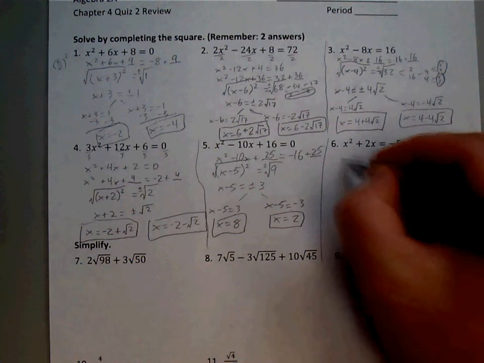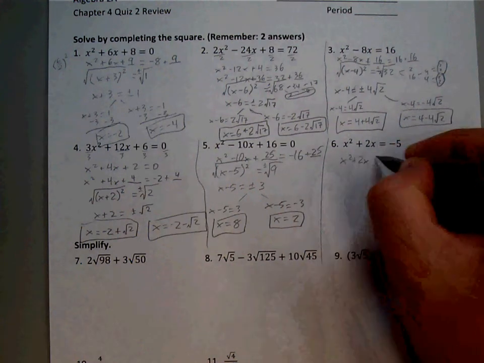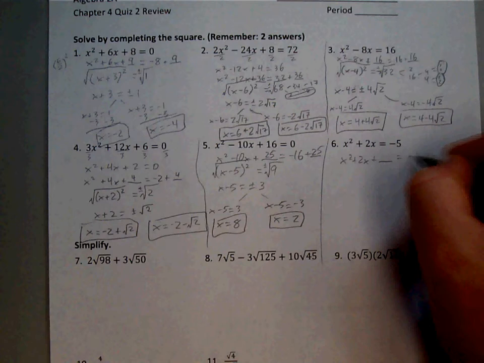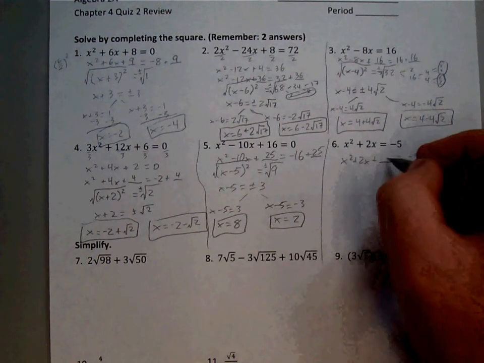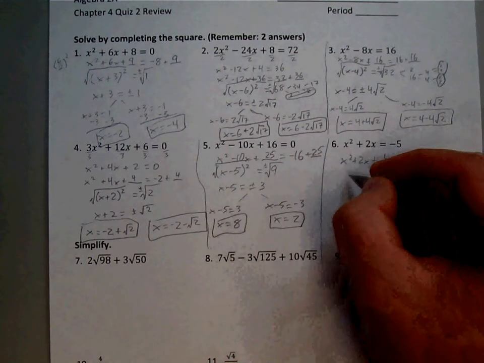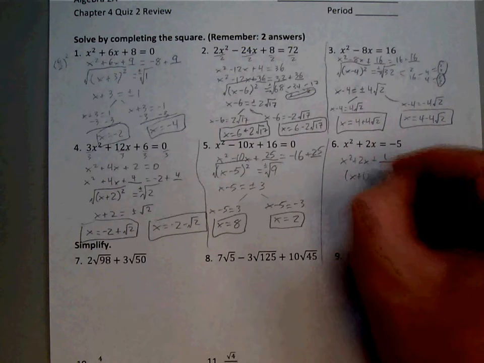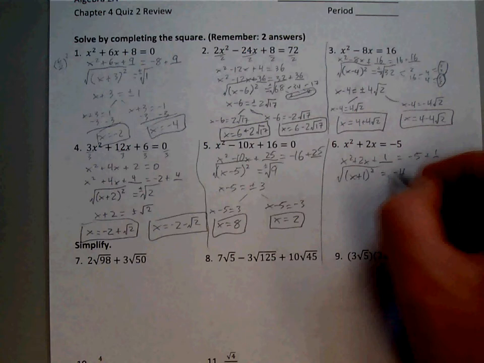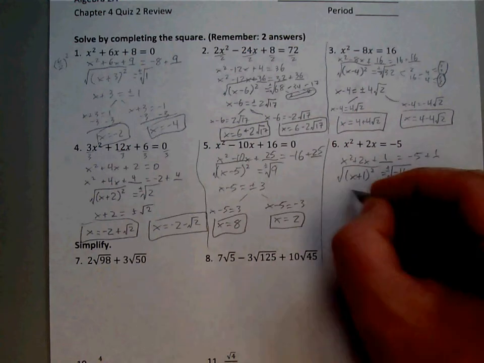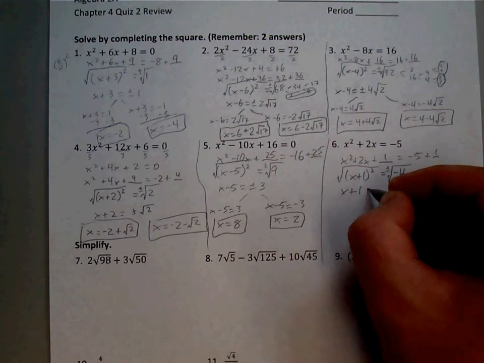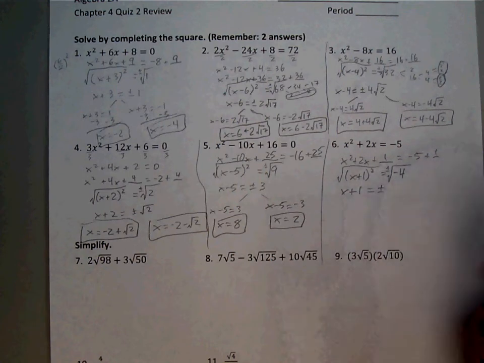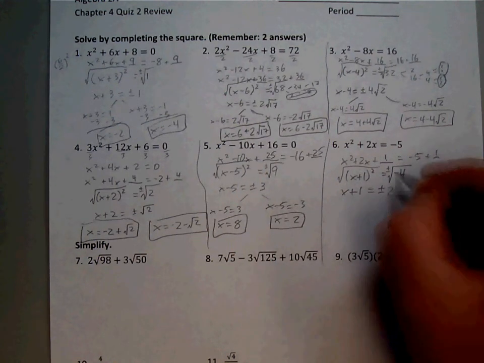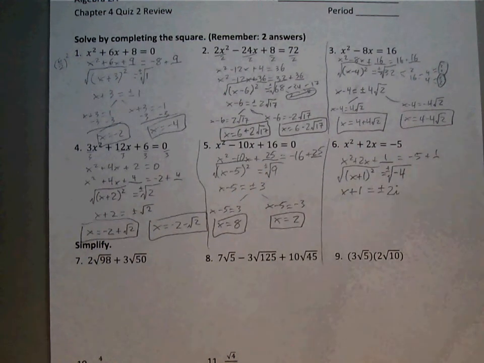And then number 6. Half of 2 is 1, squared is 1, so I'm adding 1 to both sides. x plus 1 squared equals negative 4. Square rooting a negative, so we're going to have an i in here. Plus minus, so square root of 4 is 2, and the fact that there was a negative in there means I put an i also, so plus minus 2i.